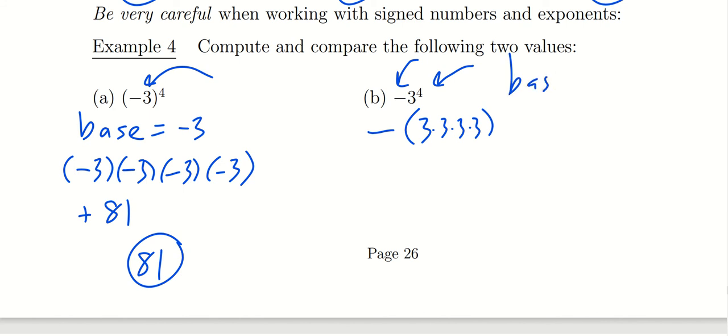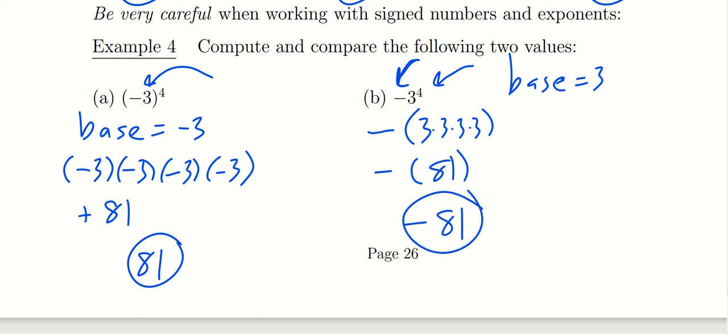So on this problem, the base is actually the number +3, and it's being raised to the 4th power. So we're going to take 3 times itself 4 times. 3 times 3 times 3 times 3 is 81. And at the very end, again, that negative sign that's out in front tells us to take the opposite of 81, which gives us a final answer of -81.